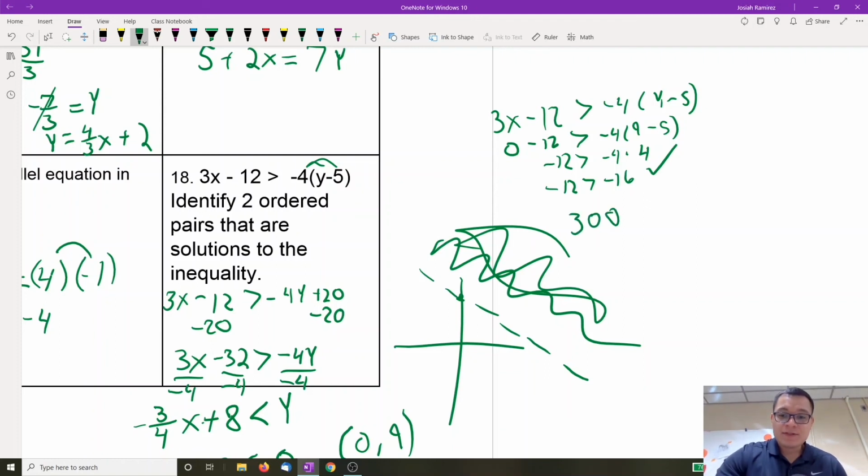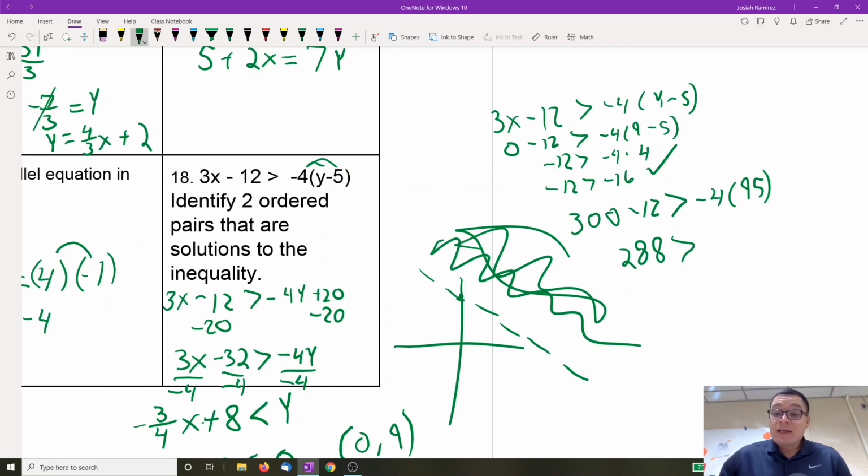So 3 times 100 is 300 minus 12 greater than -4 times 100 minus 5, which is 95. This is going to be a positive 288 greater than -4 times 95.